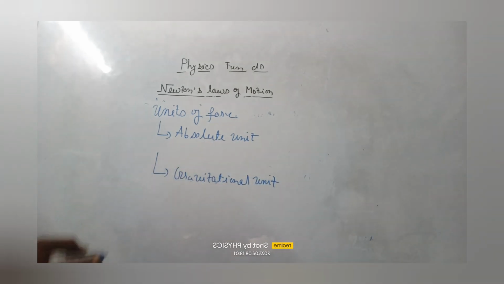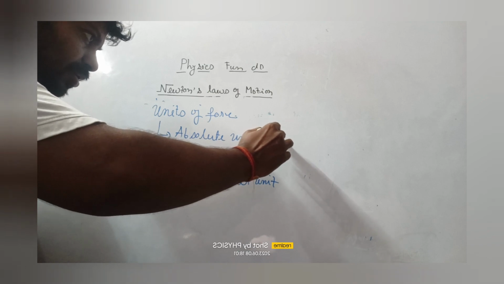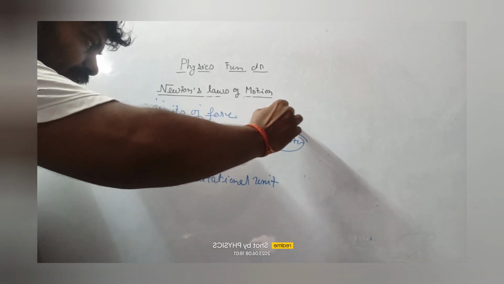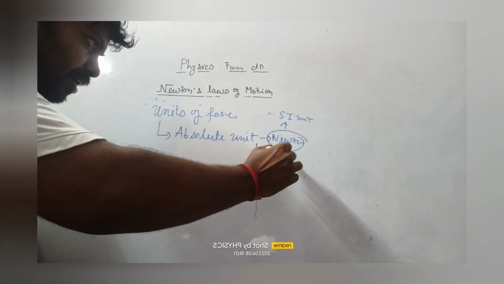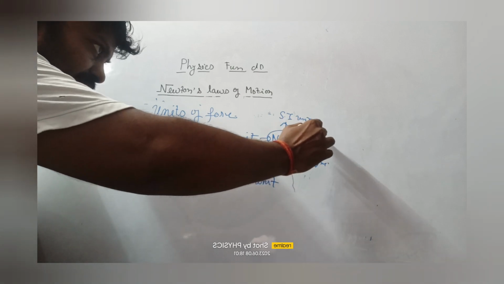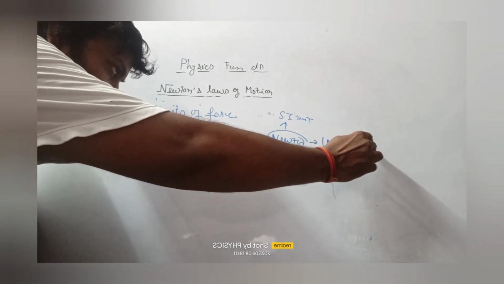The absolute unit is the Newton in SI units, and in CGS it is the dyne. And what is the relation between them? 1 Newton equals 10 to the power 5 dyne.